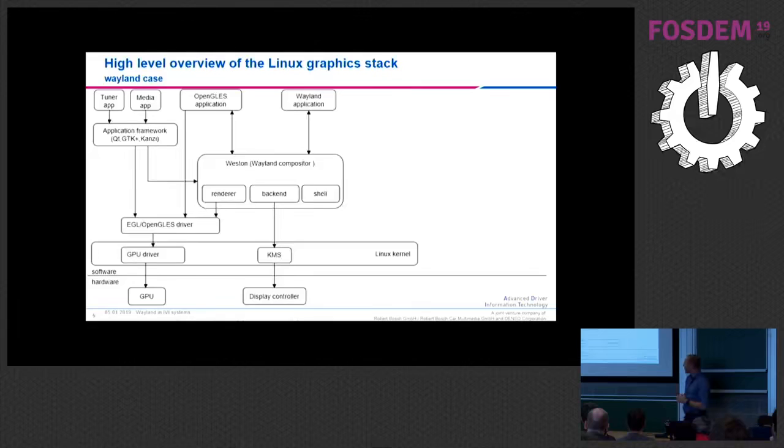So this is the overview of the graphics stack, very simplified. You can see on the upper level the applications. They can use some frameworks. In this diagram they are all using Wayland. They have to talk with the Wayland compositor, which is Weston in this case. There is an OpenGL driver.